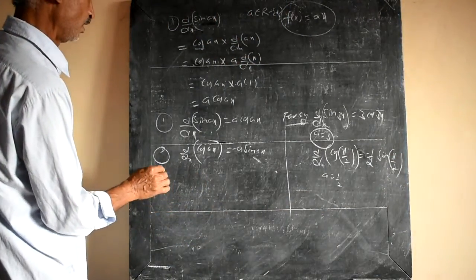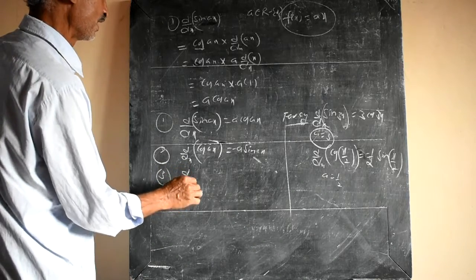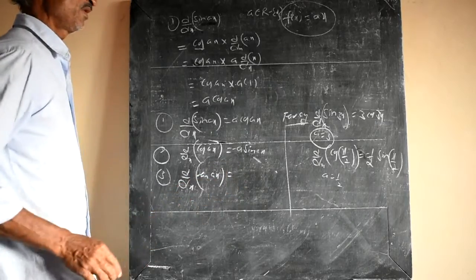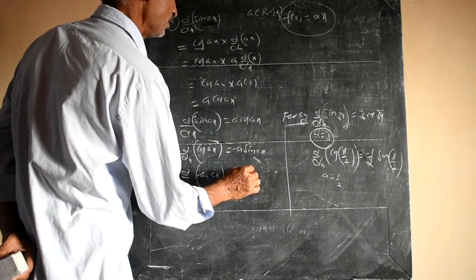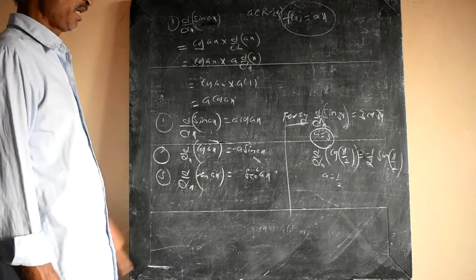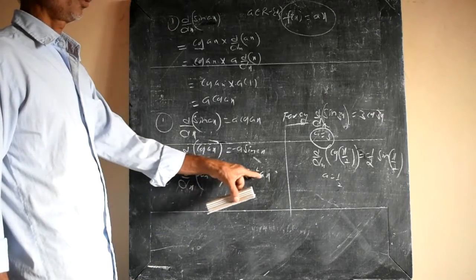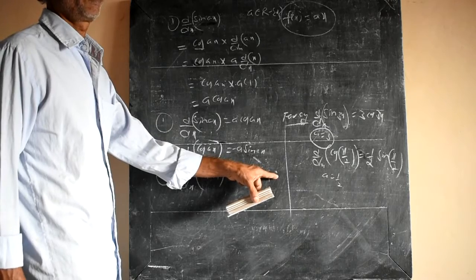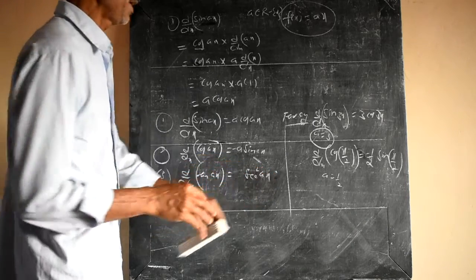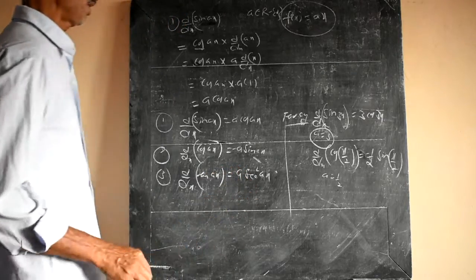Third one, d by dx of tan ax. That's equal to tan differentiation is sec square: sec square ax into differentiation of ax. This is tan f of x differentiation: sec square f of x into d by dx of f of x, which is ax. Ax differentiation is a into 1, a. Therefore it is a sec square ax. That's all.